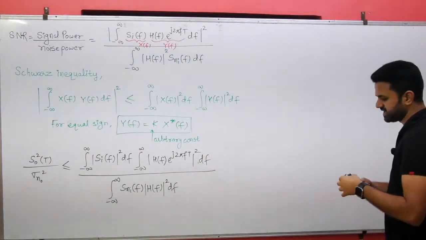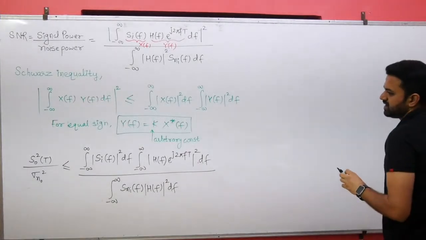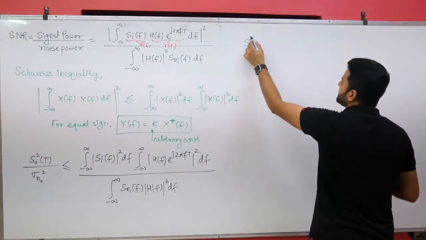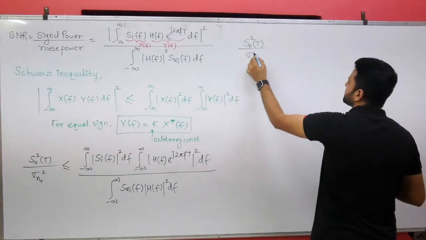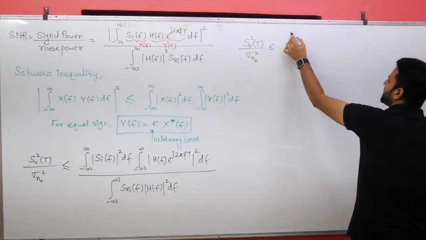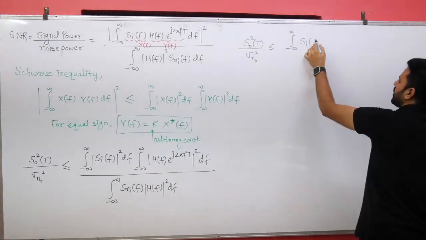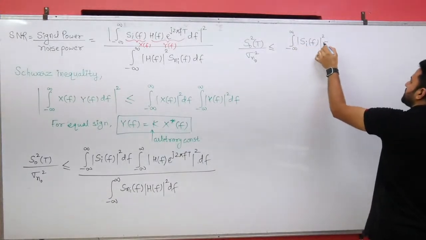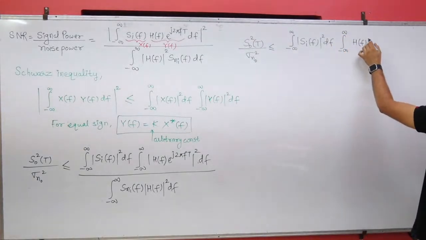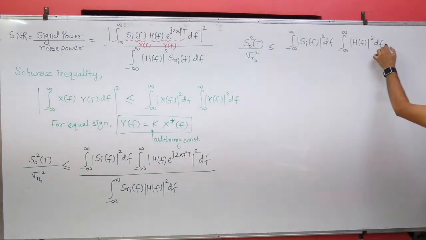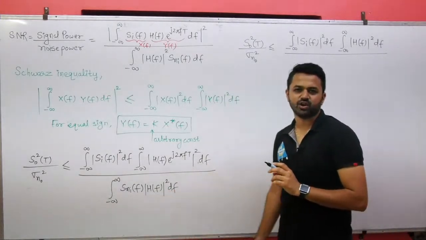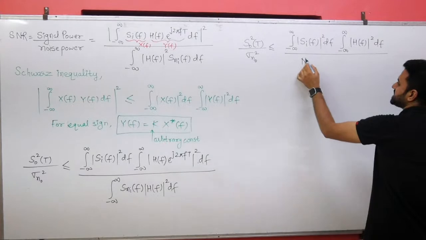Now if you take the magnitude of the second term, S naught square divided by sigma n naught square is less than or equal to the integral from minus infinity to infinity of Si of f mod square df, and the second term becomes the integral of h of f magnitude square df, divided by the power spectral density Sn i of f, which is nothing but the power spectral density of white noise.